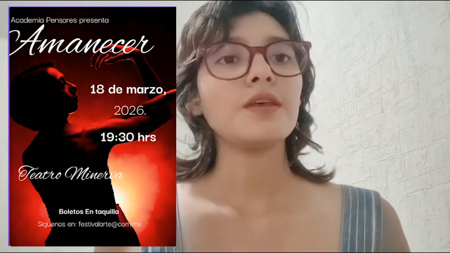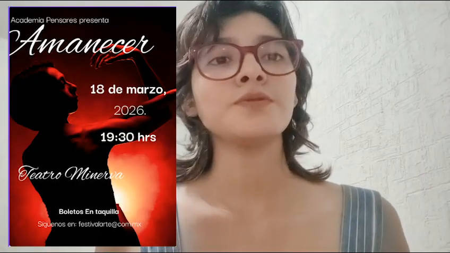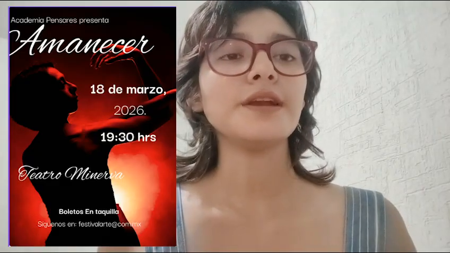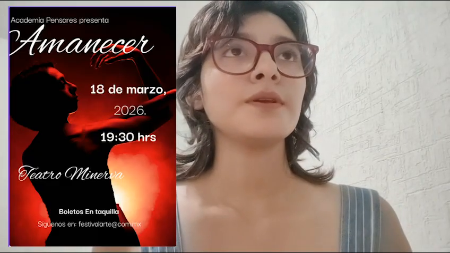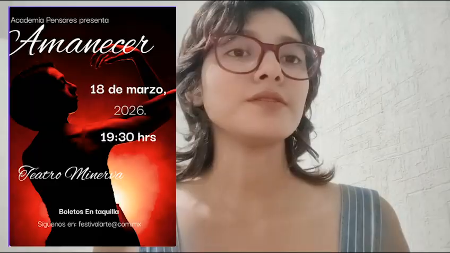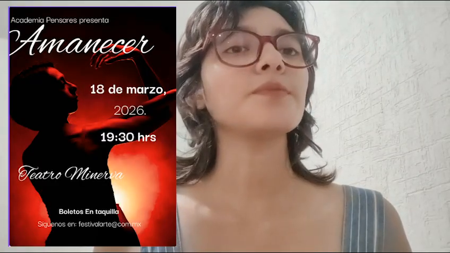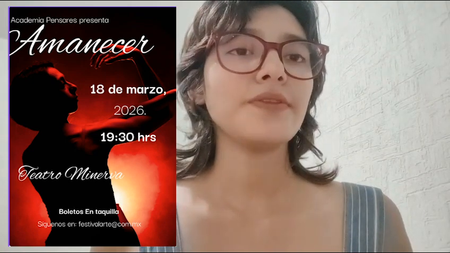Then the lecture follows, where the date and the hour are, so you can comprehend when it's going to be and what the time will be. And lastly, the theater.